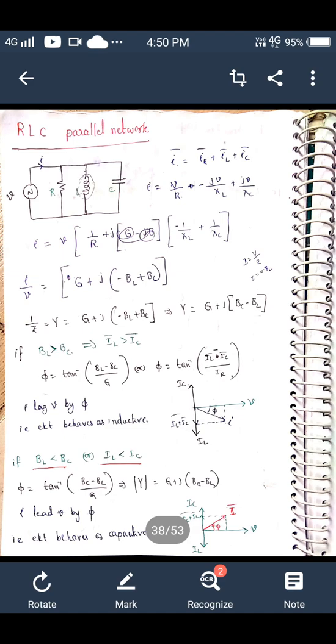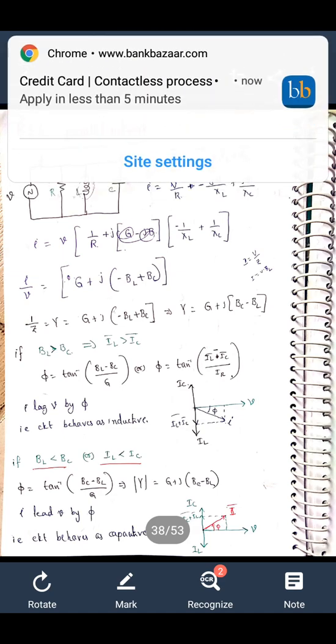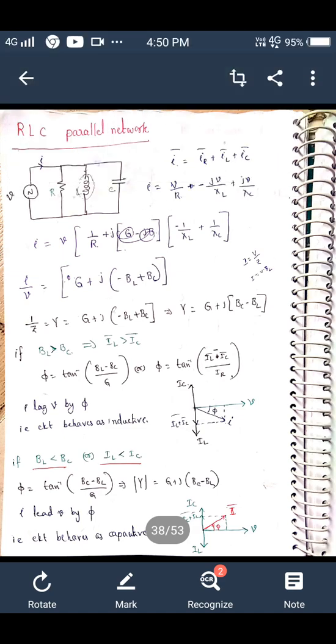If we apply Ohm's law, we get the expression I is equal to 1 by R plus J into minus 1 by XL plus 1 by XC. So 1 by XL is BL, inductive susceptance, and 1 by XC is capacitive susceptance. So we can write I by V is equal to G plus J into minus BL plus BC.